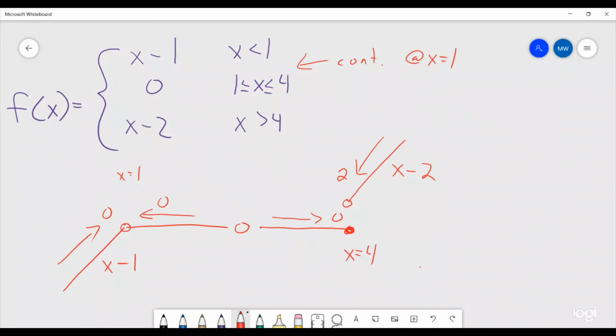The graph of this is going to look like this. And so we see that it's going to be discontinuous right here, but it's continuous at the other point. So there's going to be a discontinuity, and specifically a jump discontinuity at x equals 4.